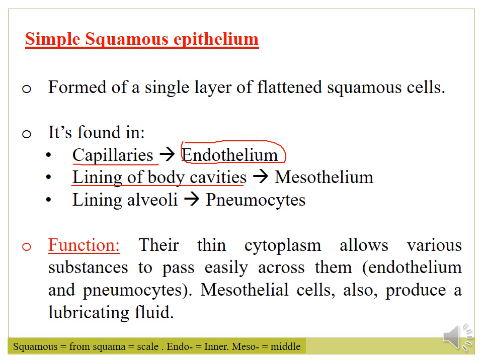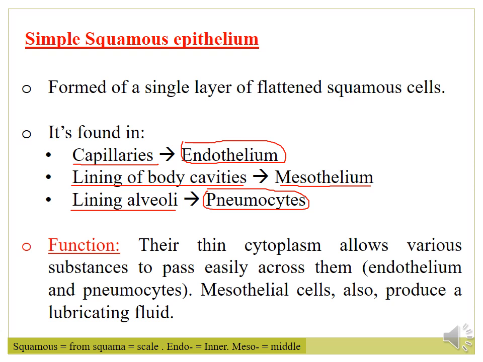The cavities that are found in the body are the pericardial, the pleural, and the abdominal cavities. These are all lined by simple squamous epithelium, and here it is called mesothelium. Also, the alveoli of the lung are lined by simple squamous epithelium, and these are called pneumocytes.